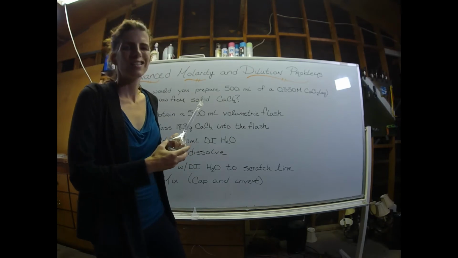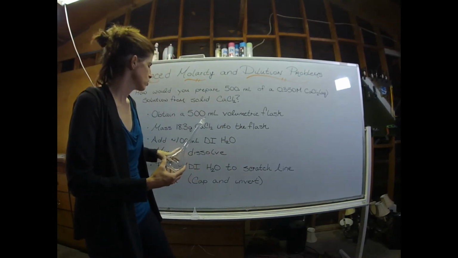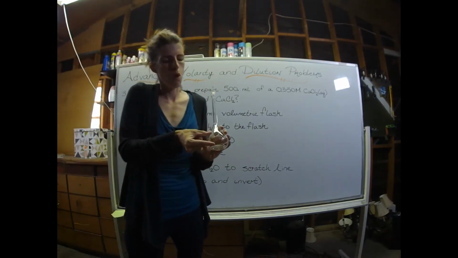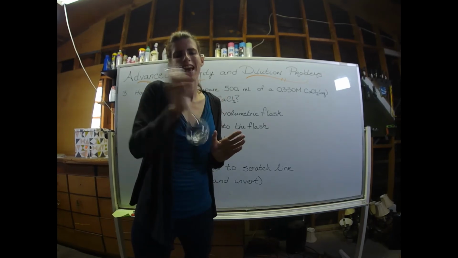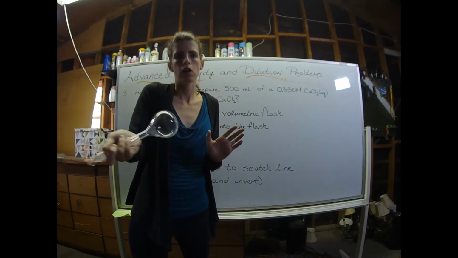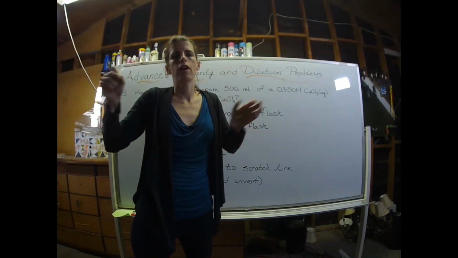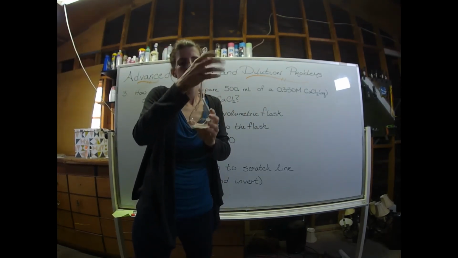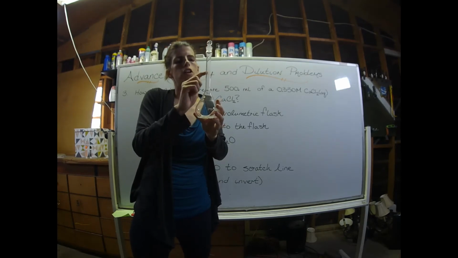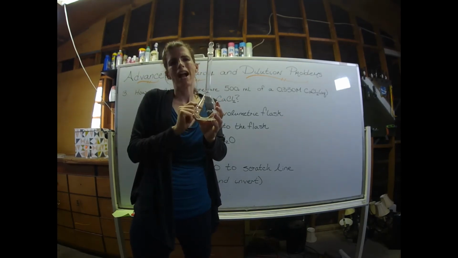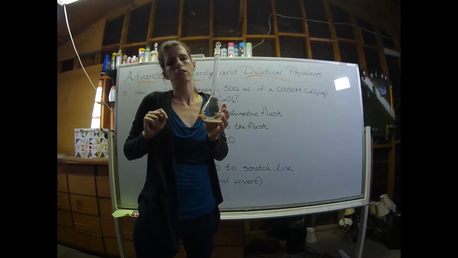So instead of trying to look it up or predict it, we just add a small amount of water and get the solid to dissolve, and then it either expands or everybody fits together really well, but you're not going to go over your scratch line because you're nowhere near your scratch line.